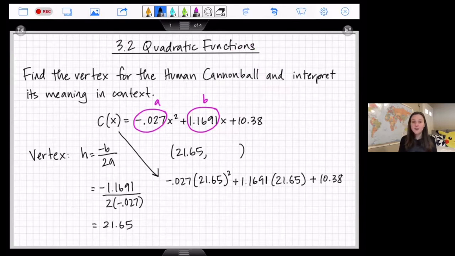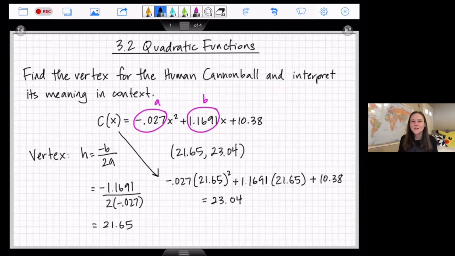Again, rely on the calculator here. And I get 23.0355, so I'll round that off to 23.04.